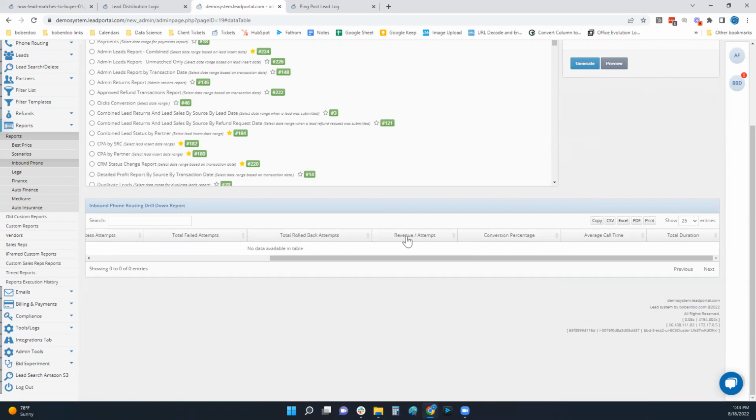So if you run this report and you see significant differences in the revenue per attempt, that may be an indication you want to explore that EPL logic so that you can start to optimize those calls coming into your system.